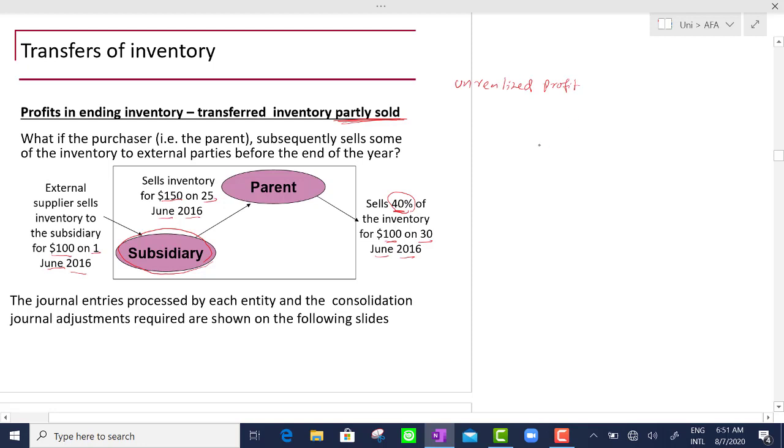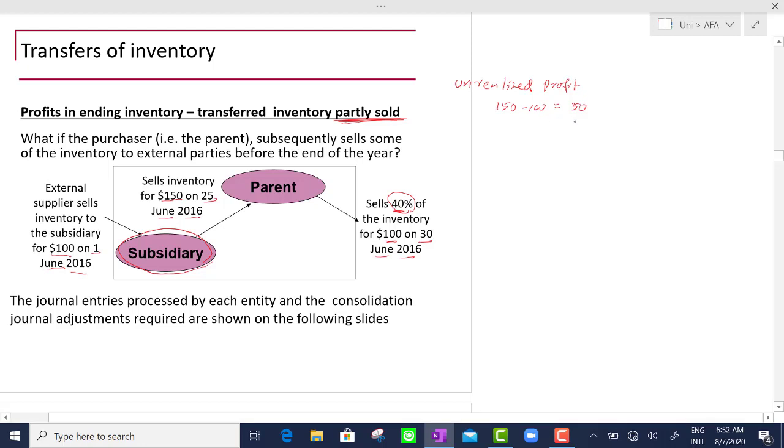Now the total profit of this intra-group transaction or intercompany transaction is 50. How? That is 150 sales value, the actual cost to the subsidiary company 100, therefore 50. But out of this 50, now 40% has been sold to an external customer, right?